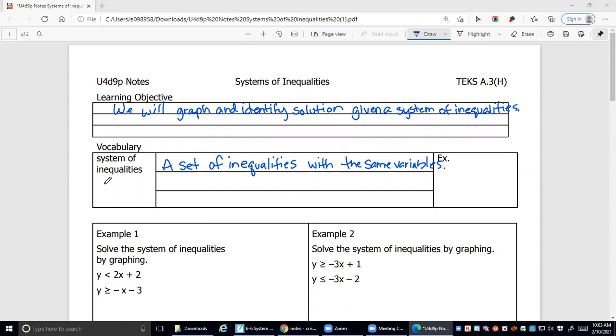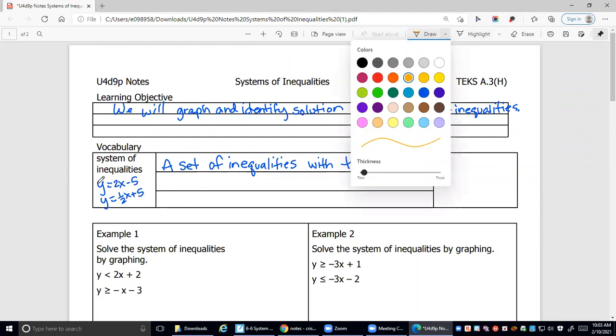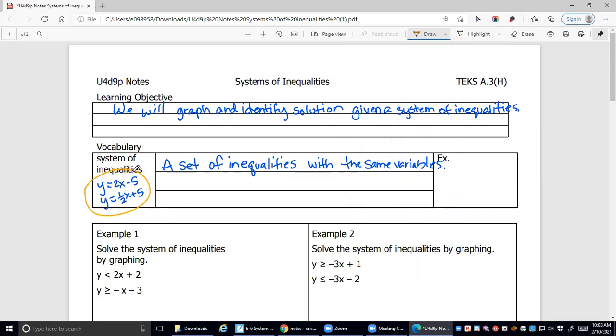And so my counter example would be something like, let's say we have y equals 2x minus 5, and then we might have y equals 1/2 x plus 5. This was our set of equations, right? But the only difference with what we're doing today is we no longer have the equal sign.